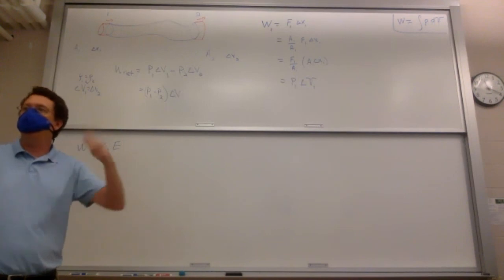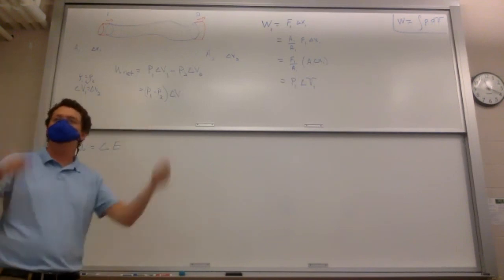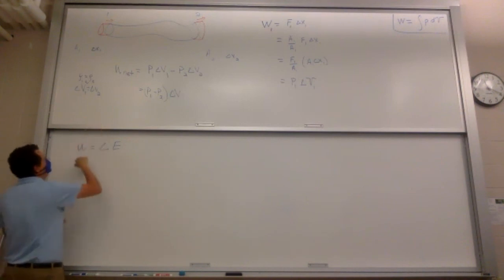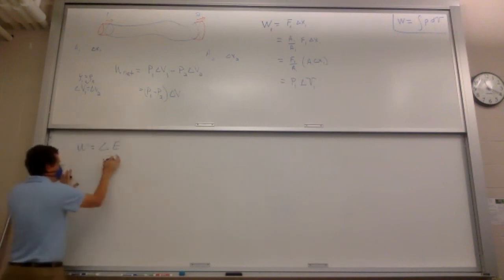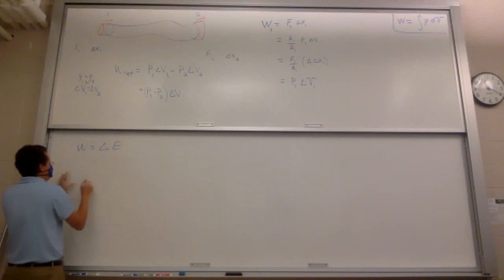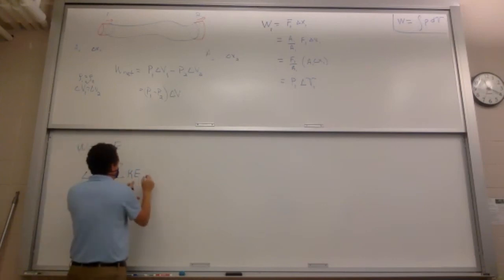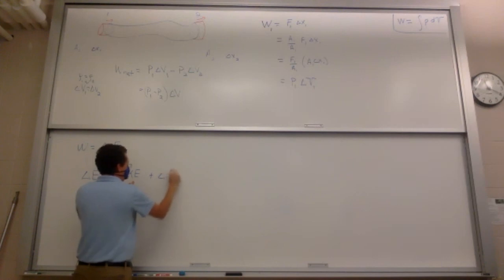It's moving in height. Garden hoses can go up or down, whatever. So I already know the formula for work. Now I need the formula for the change in energy. So the change in energy would be the change in kinetic energy inside that fluid, plus the change in potential energy.